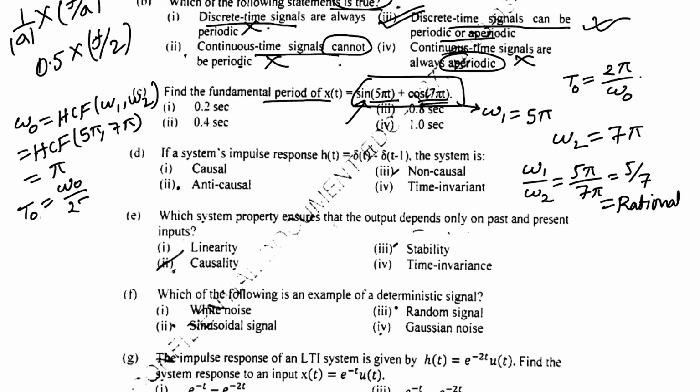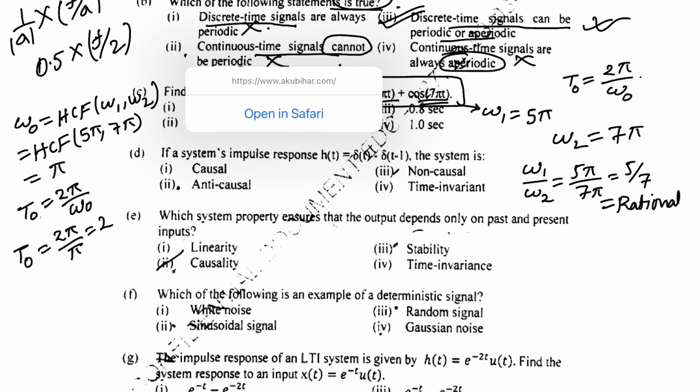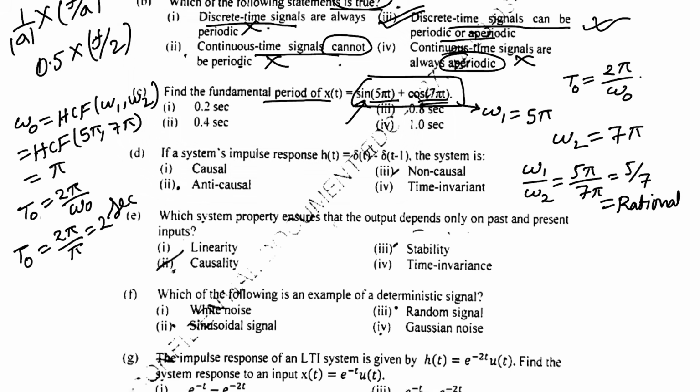It will be 2π by ω0. Now put ω0 as π, so it will be 2. The second option will be the answer. It is not given, but the answer will be 2.